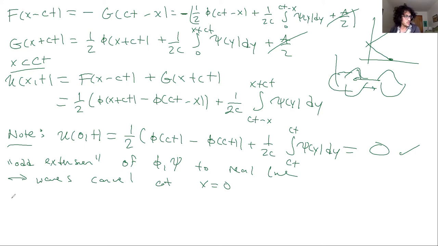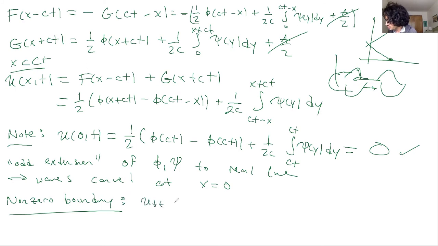We can also deal with cases of non-zero boundaries. I'll just wrap up with that. So in the case of a non-zero boundary, u_tt equals c squared u_xx.